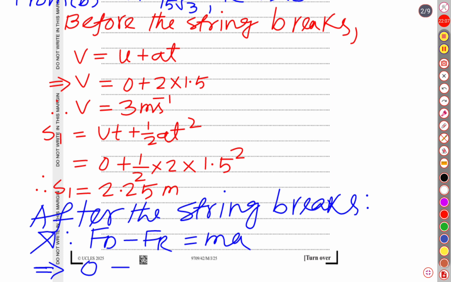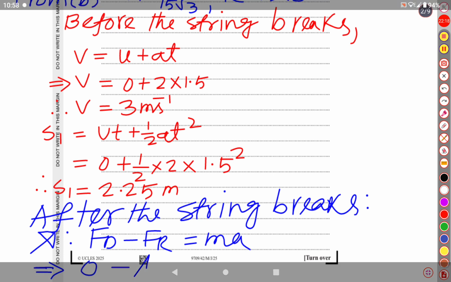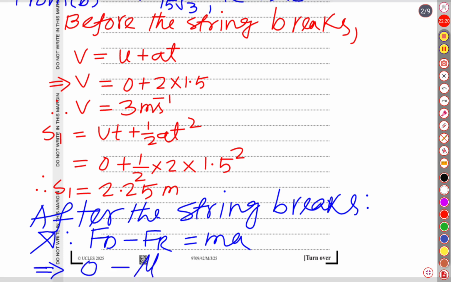But resistance force must be applicable. What are the resistance forces? Look, the plane was rough. That's why the first resistance was the frictional force, which is mu R. And the second resistance to motion was the weight component, which is mg sine 30 degrees.